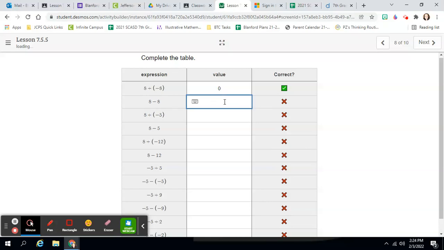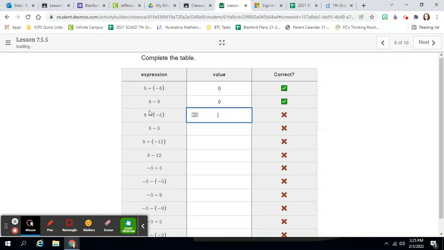We already know that that's 0. And let's see if this holds up to what we did before. 8 minus 8, well, subtracting 8 is the same as adding the opposite of positive 8, which is -8. So 8 plus -8 and 8 minus 8 are actually the same thing.